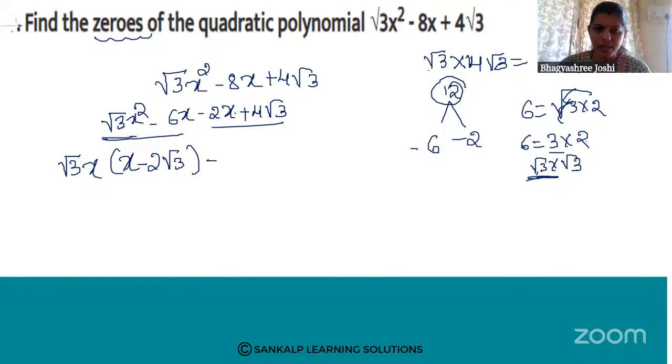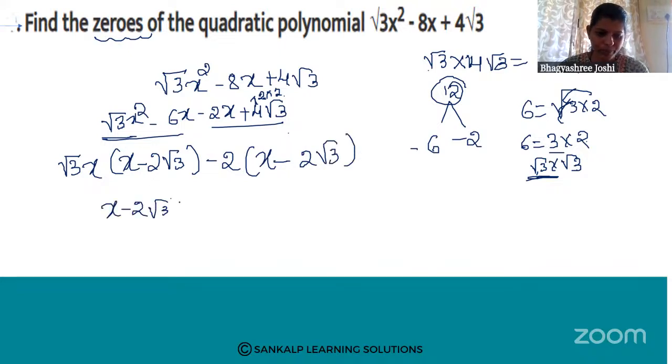Minus 2x plus 4 root 3: 4 can be written as 2 into 2. Here also 2 is there, here also 2 is there, so 2 I will take common. Then x minus 2 root 3.